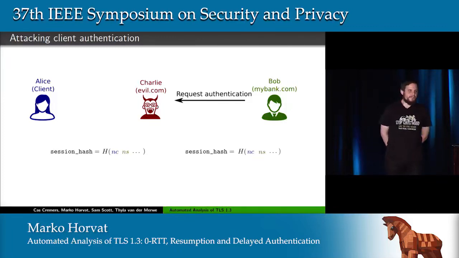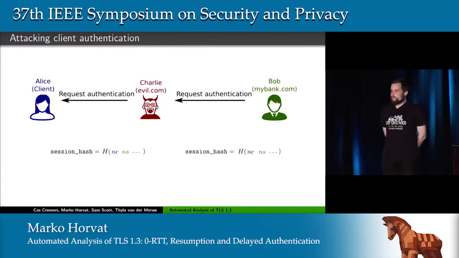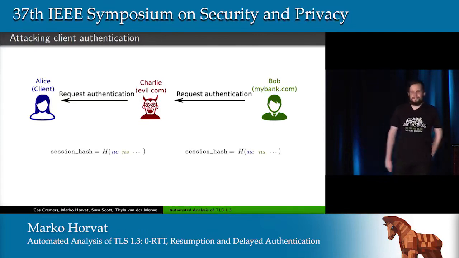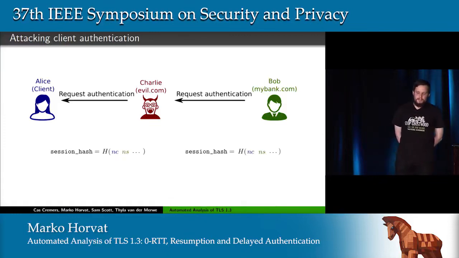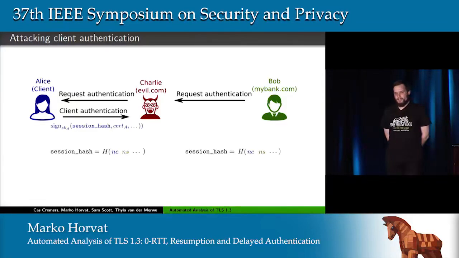Bob now requests authentication from whoever is on the other side, and it's Charlie, of course. Charlie now needs some sort of excuse to ask Alice for her authentication. Let's say that she clicked on something at evil.com, or maybe she tried to log in to her account. Of course, that's a bogus form that Charlie made. And Alice says, sure, I should probably authenticate now if Charlie says so.